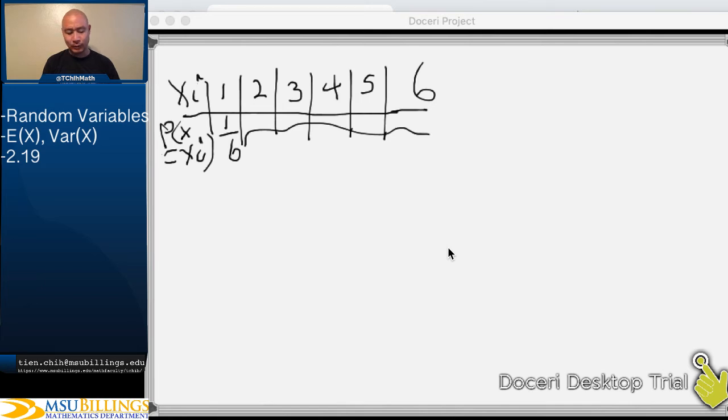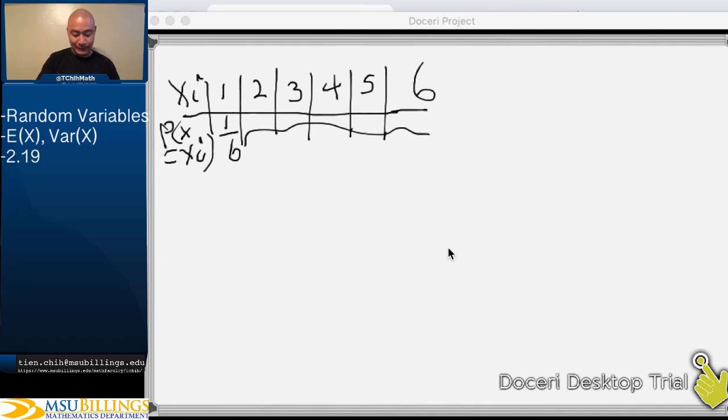And so what we want to talk about now, we know what the average outcome is, but what we want to know is how spread out are the results. Because you can imagine I could easily make a random variable with the same average outcome as rolling the dice with a lot less variation and another one with a lot more variation.